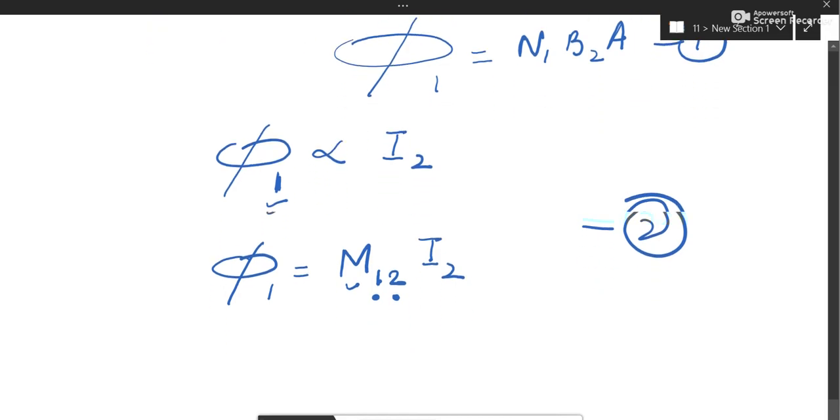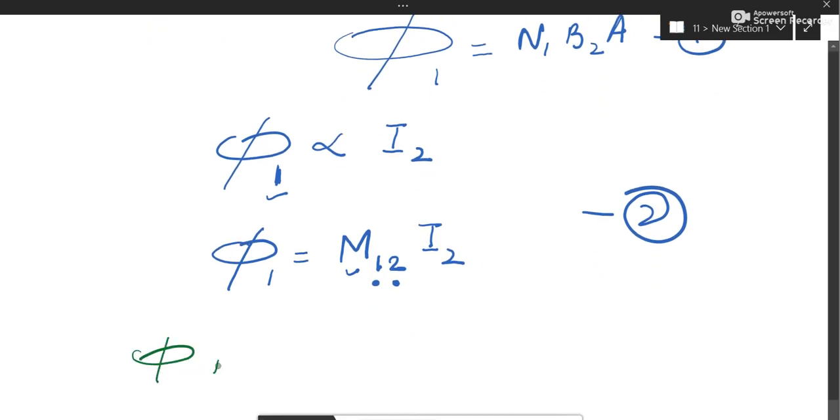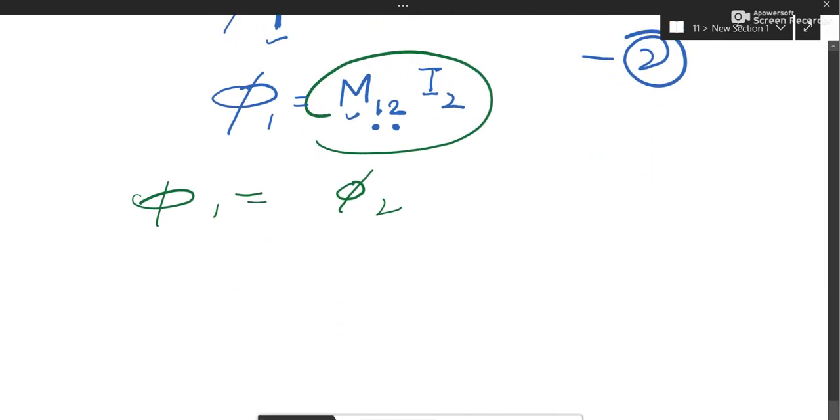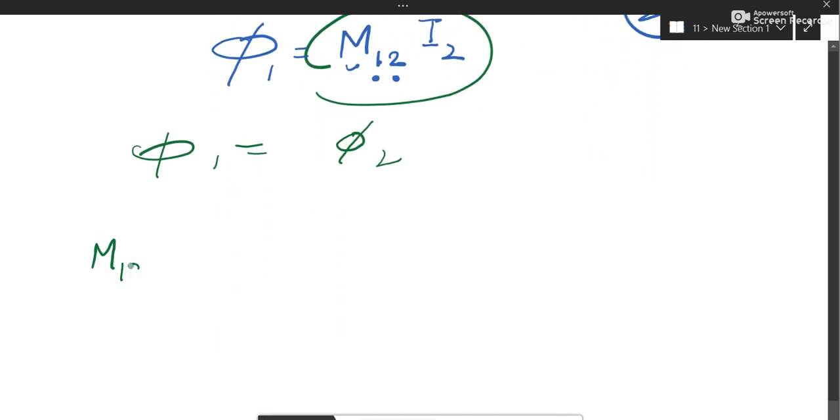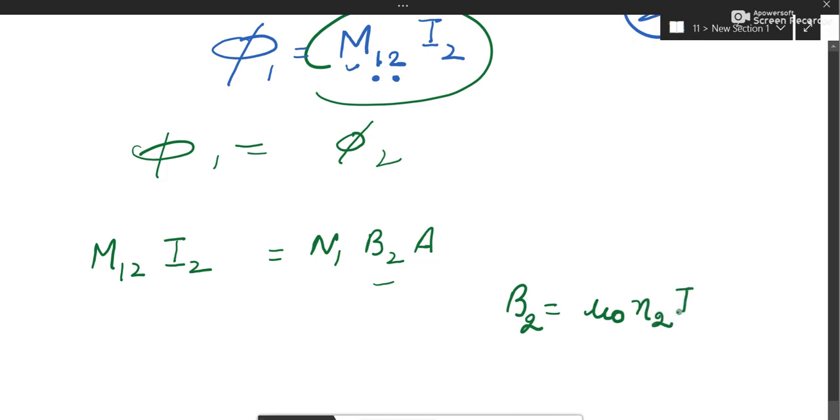Let us put these both equal. So phi 1 is equal to phi 1: one is this formula, one is that formula. So M12 I2, and there it was N1 B2 A, A common. Now how will we open B2? This is the magnetic field of a solenoid only, mu naught n2 I2. Small n2 can be opened as N2 number of turns by length.